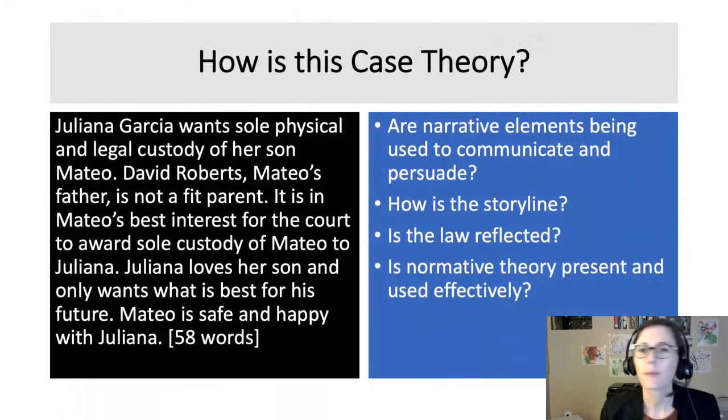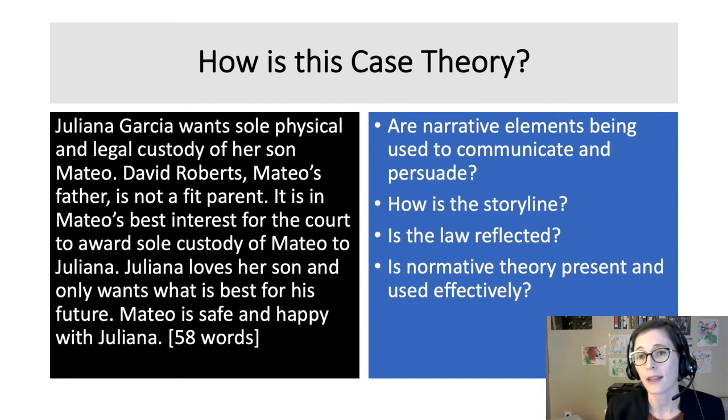Okay, so we're going to play around now with case theory. I'd like you to pause the video and read our sample case theory that a previous student has drafted. You're going to then think about whether or not the narrative elements are being used to communicate and persuade in this case theory.